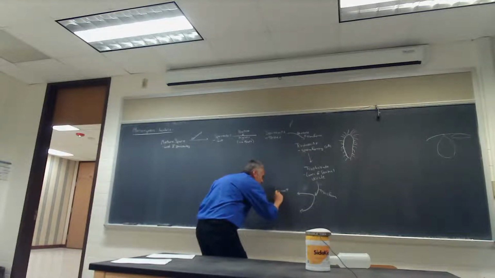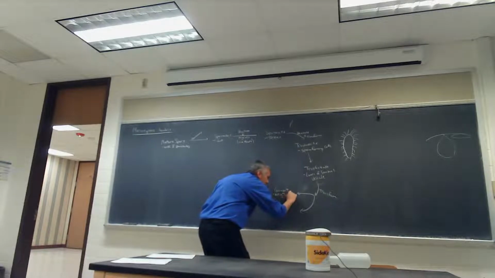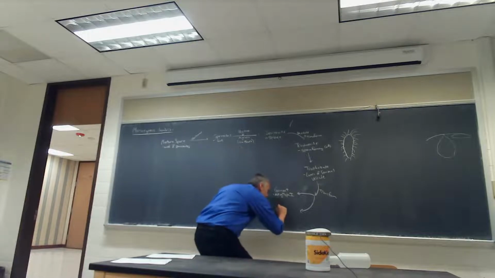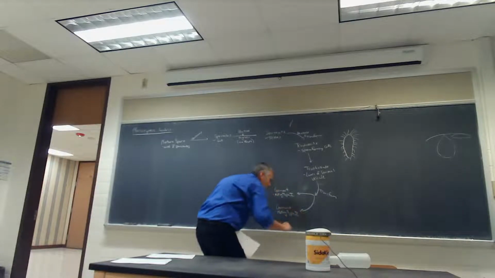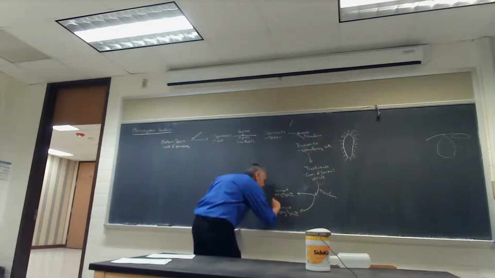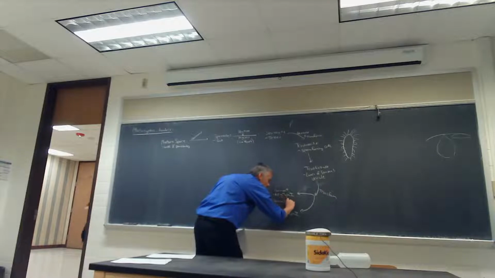Gamete. There's a mating type 1, and then there's a mating type 2. We don't know which is which. But we're still in the seminal vesicle.